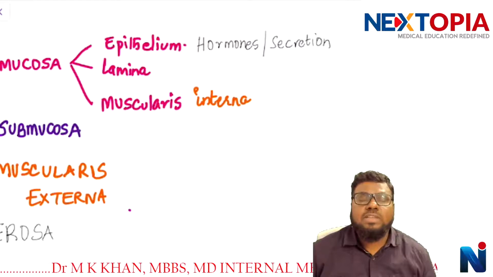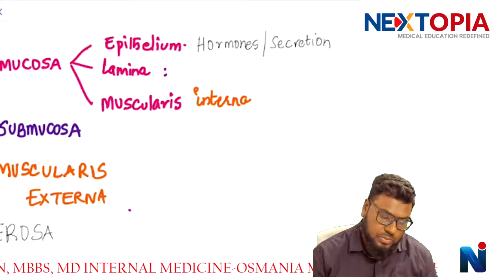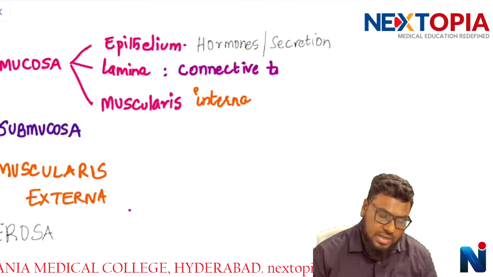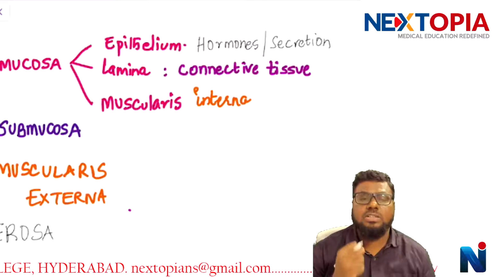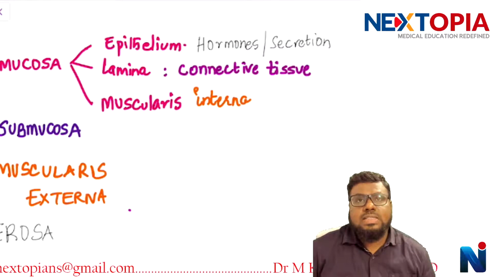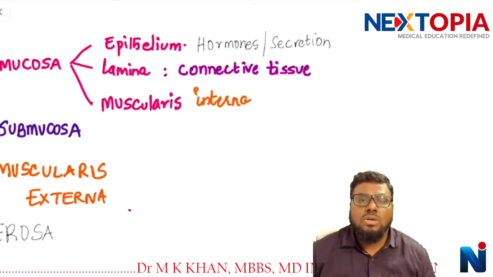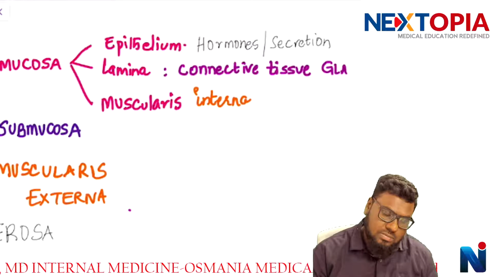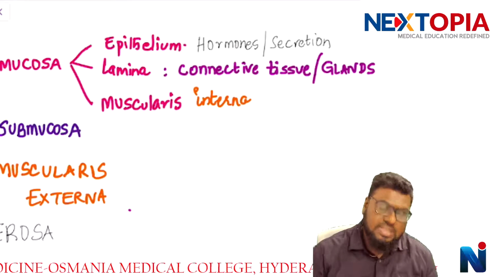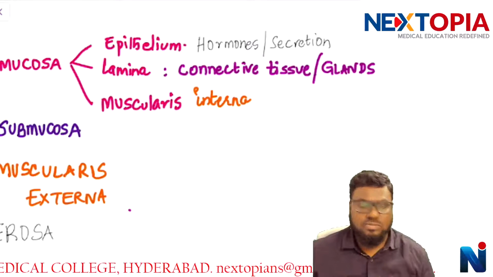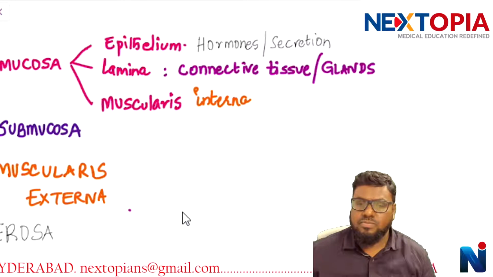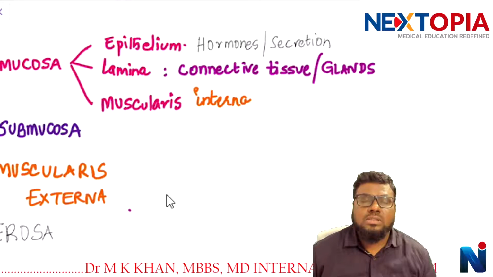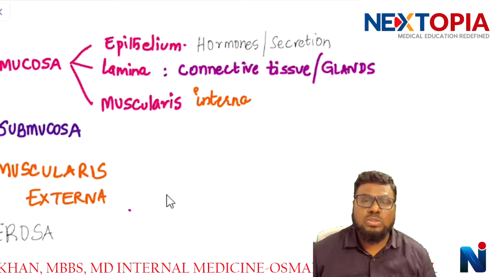Next, the lamina propria, which is serving as a layer of connective tissue. So wherever you have connective tissue, the function of this connective tissue is to give a firm structure or strength to the overlying cells or layer of cells. This lamina propria contains glands. It contains cells which secrete hormones.